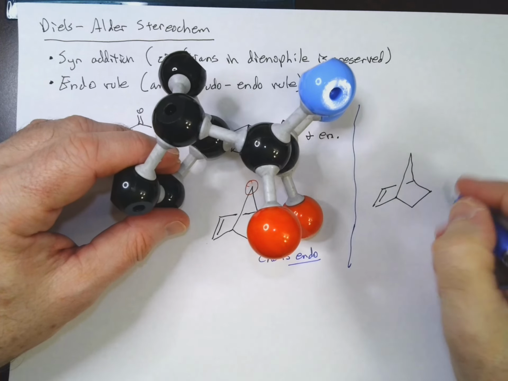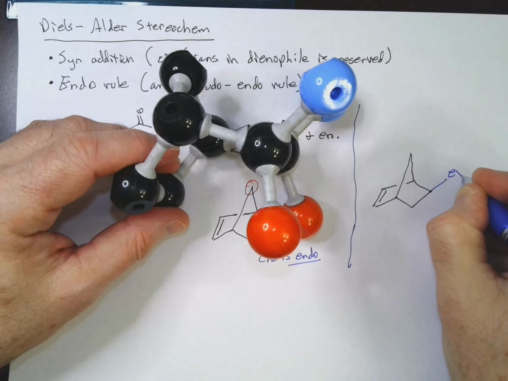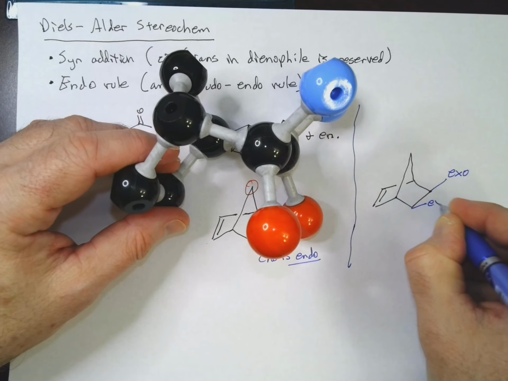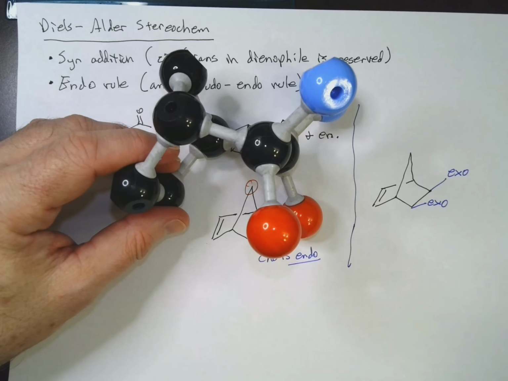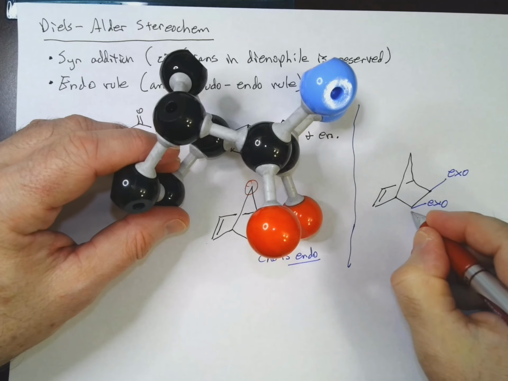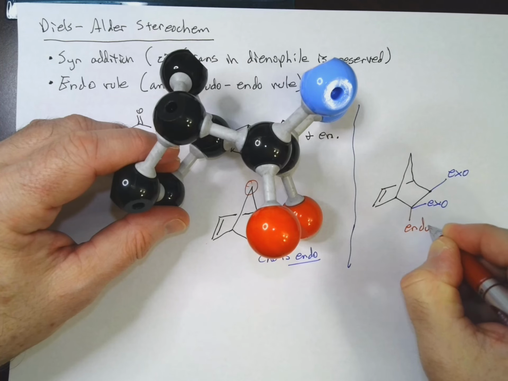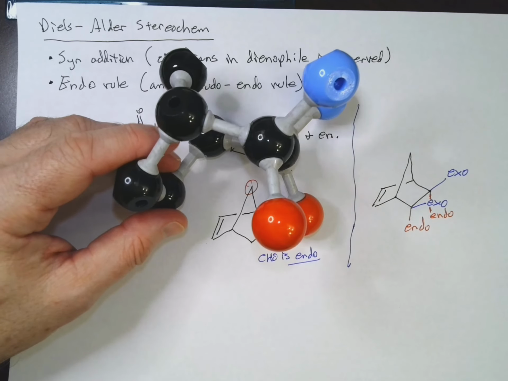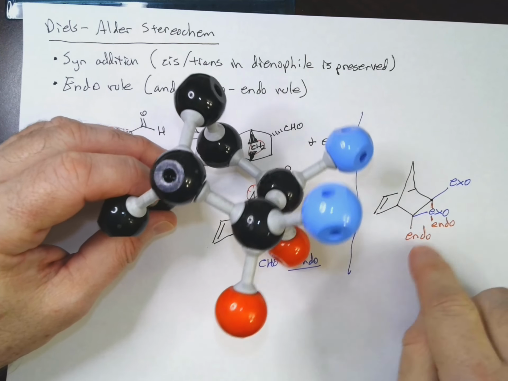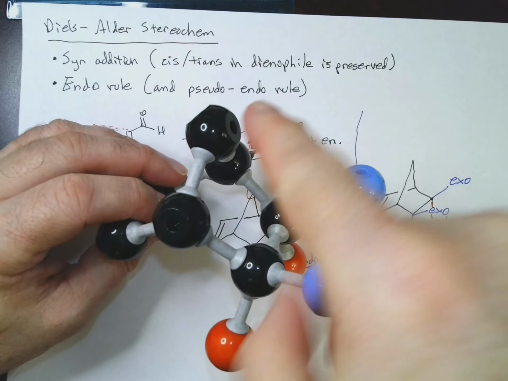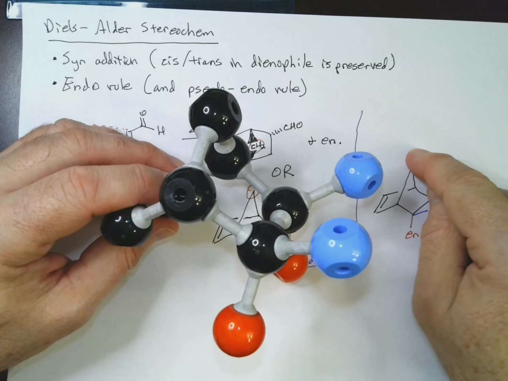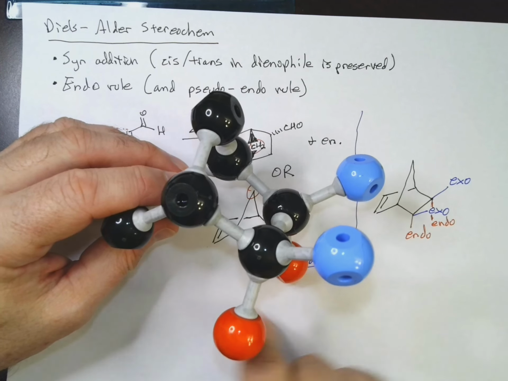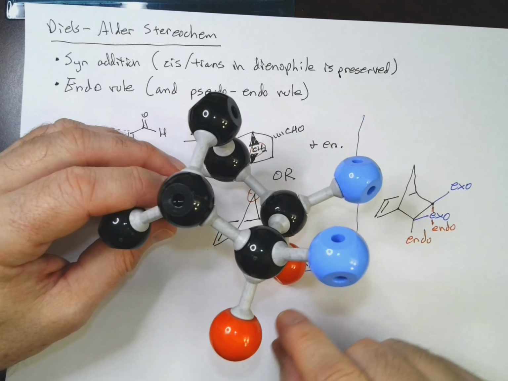And so we'll have our exo in blue there, and then we'll have our endo, and coming back down there, behind there is our other endo. Okay, so these endo are on the opposite side from our one carbon bridge, but they're on the same side as the two carbon bridge.